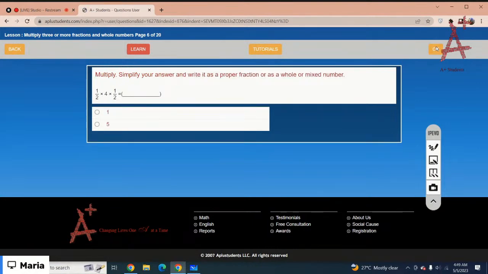Okay, the next one is 1 by 2 times 4 times 1 over 2. So 4 doesn't have any denominator. That means its denominator is 1.